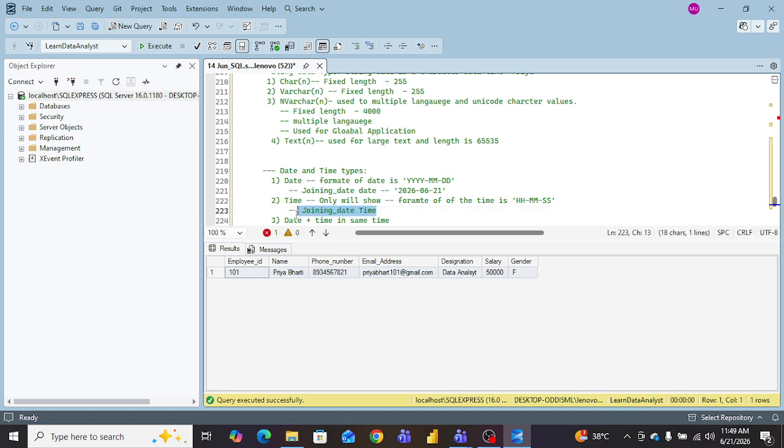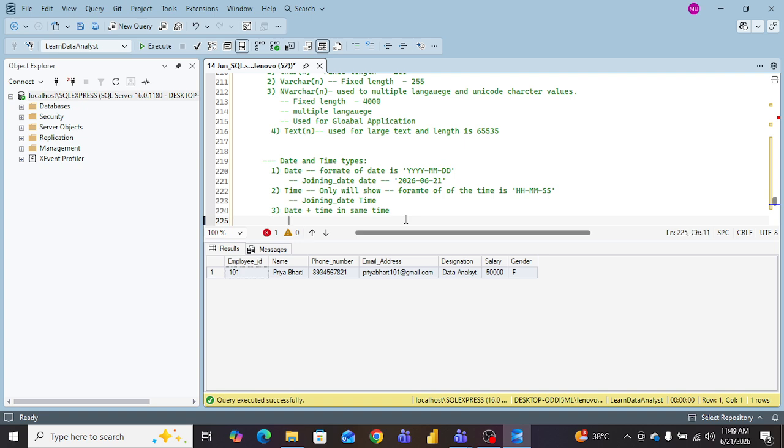Now I give the same example here. I mention date, time. So these are the things we have learned: the use of datetime, inserting the records as I told you, and we have to apply this. Got it? Now, how will a datetime be shown?